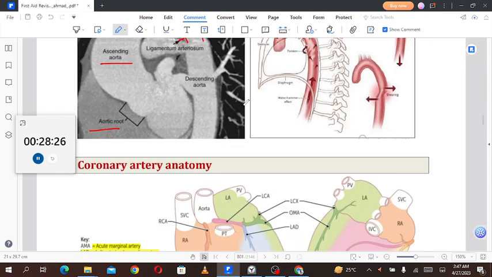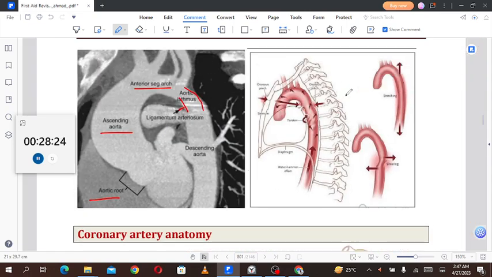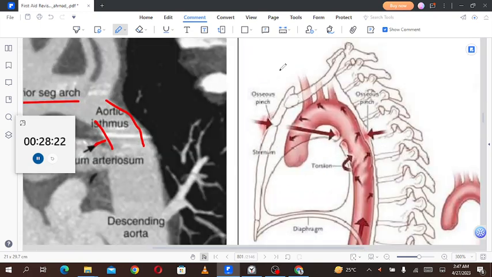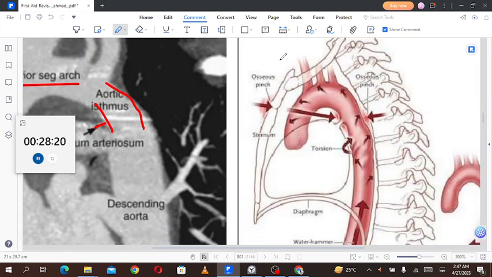Okay, so here you can see in this part of the diagram, this is the osseous pinch, the bony contracture that is felt on the surface of the chest, the sternum.